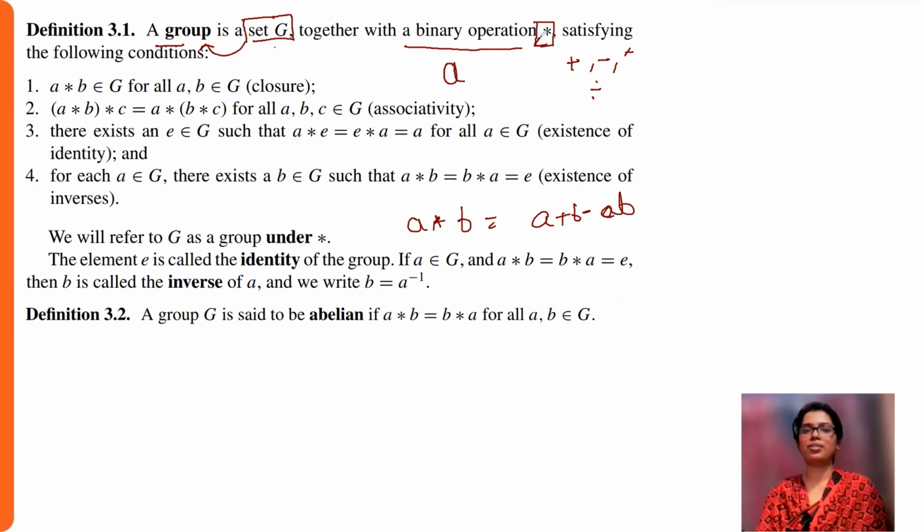So this binary operation star could be any operation, but this operation along with the elements of set G must satisfy these conditions. What is the first condition?